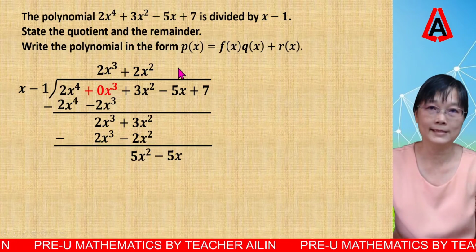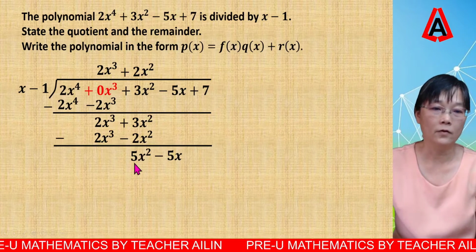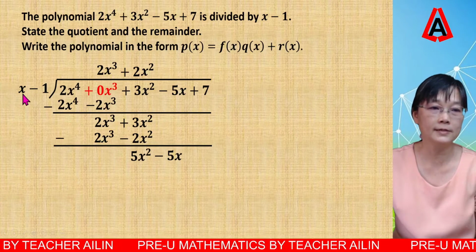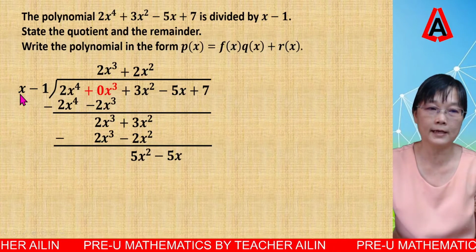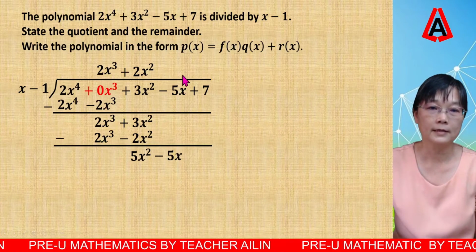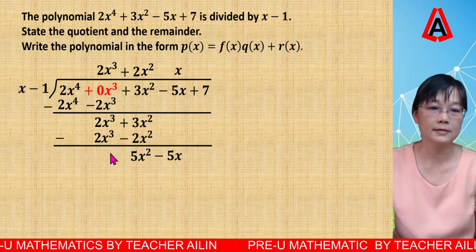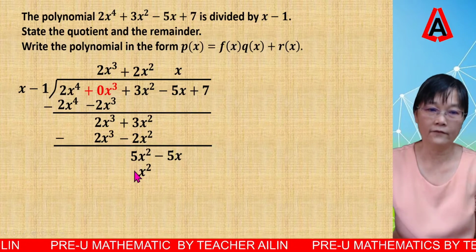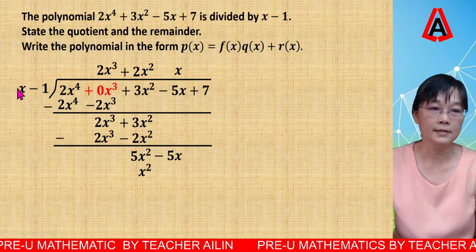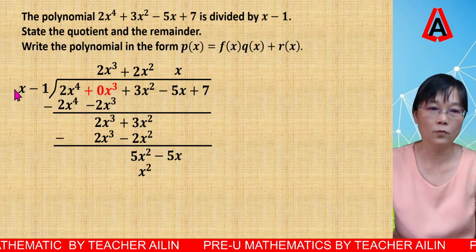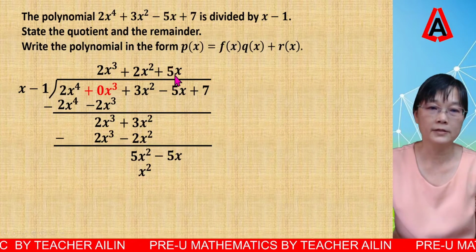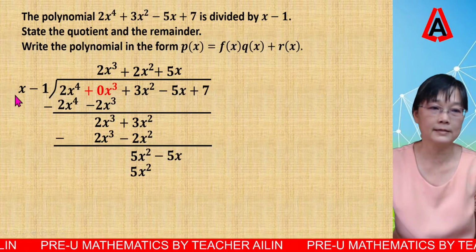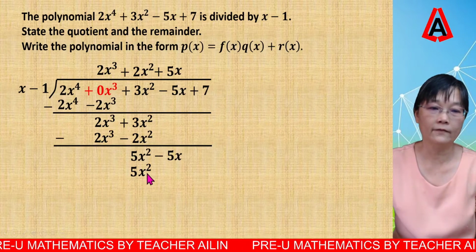Then we repeat the same step. Now I'm going to find 5x power 2, since the divisor is x. So x definitely times x, we will get x power 2. Then the coefficient 5 here, since this is 1, so 1 times positive 5, we should get 5. So 5x times x, we get 5x power 2.